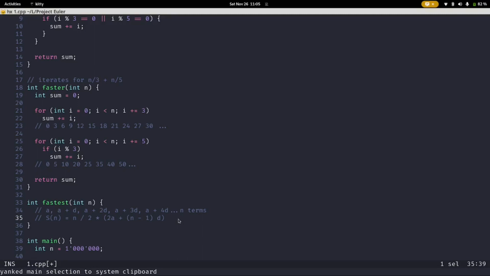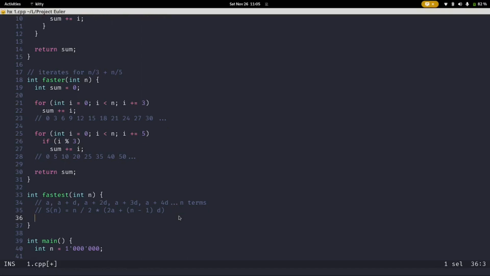So if we use this formula to calculate the sum of multiples of 3 or 5, the answer that we require in this case, we would calculate the sum of 3 for 1000 by 3 terms, since there are 1000 by 3 multiples of 3 up to 1000, then the sum of 5 for 1000 by 5 numbers, and then the sum of 15 for 1000 by 15 numbers.